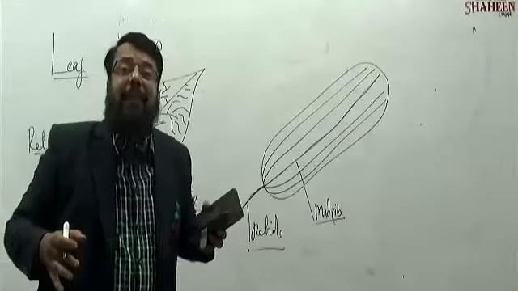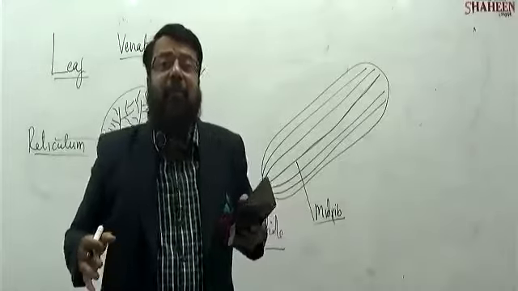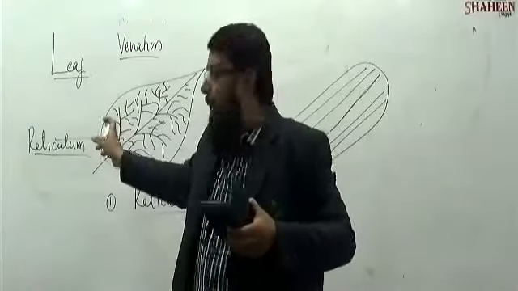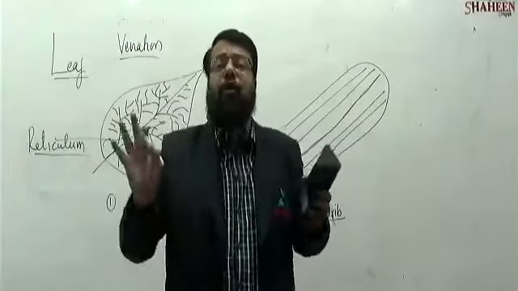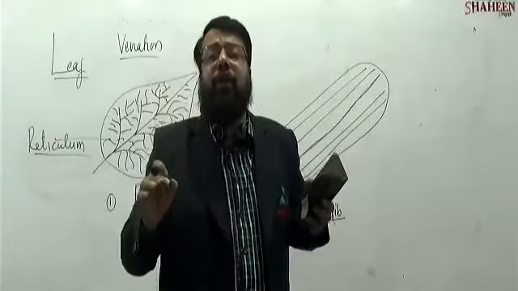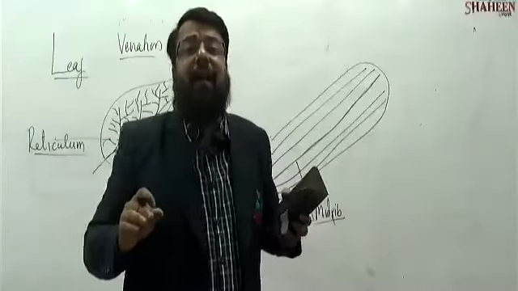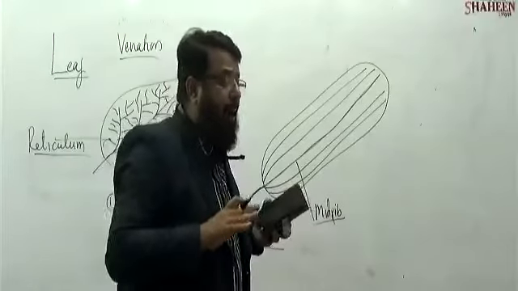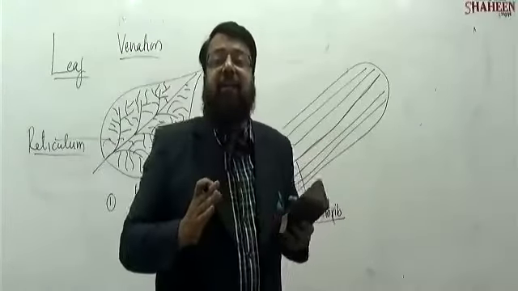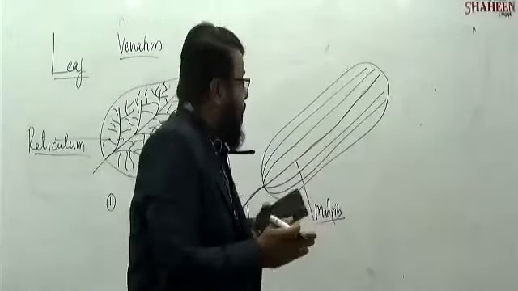And are these prominent veins forming a reticulum? No, there is no reticulum formation. So how are these veins running? The veins are running parallelly, arranged one after the other.